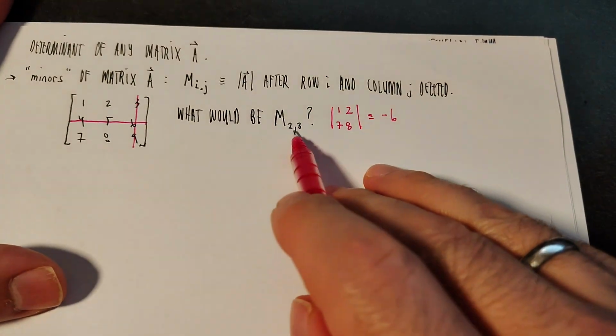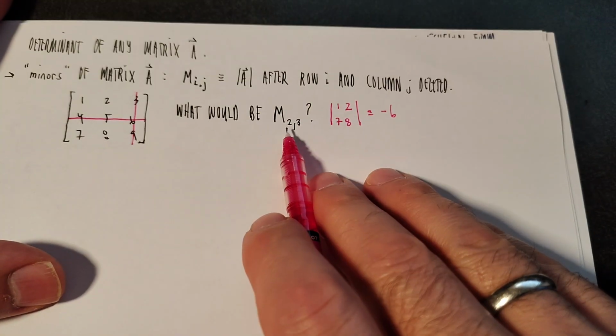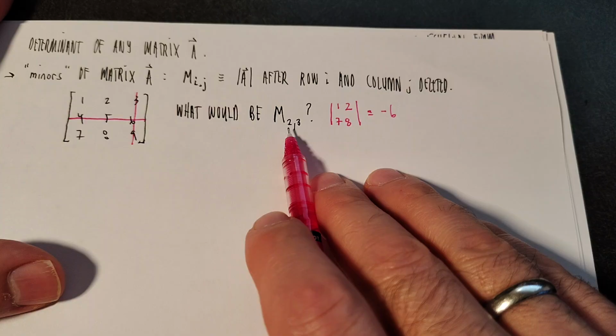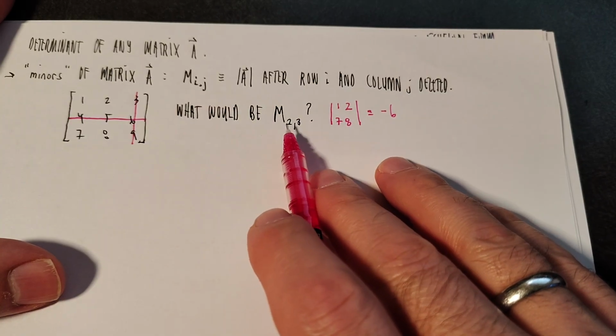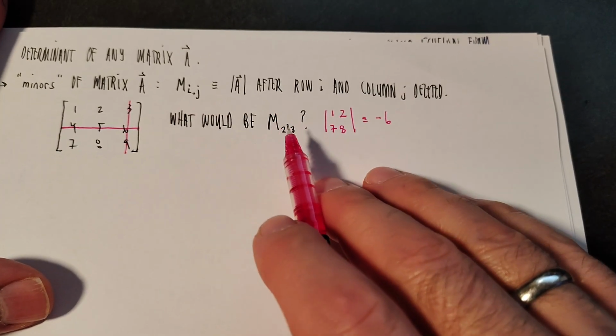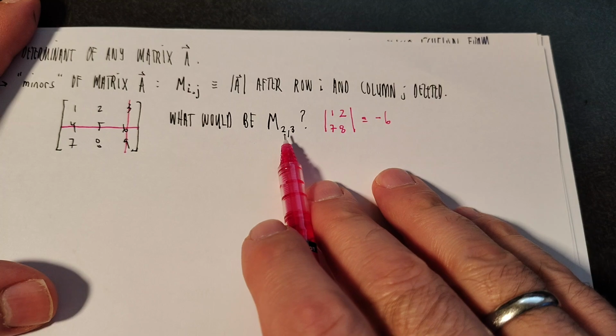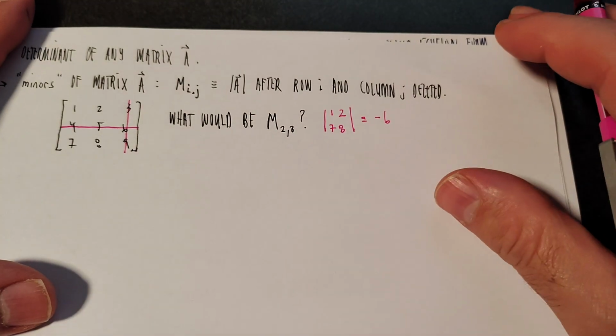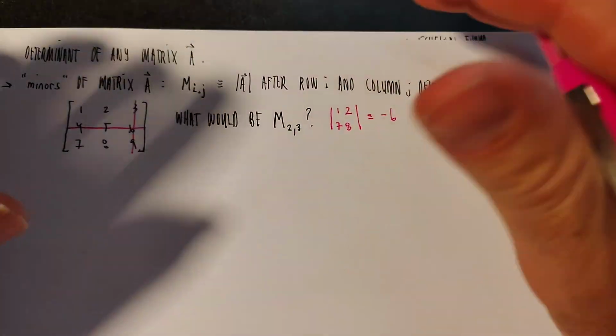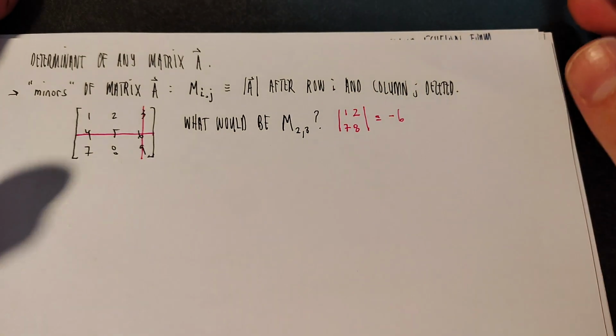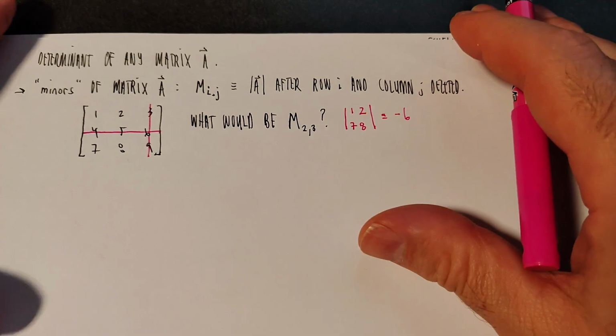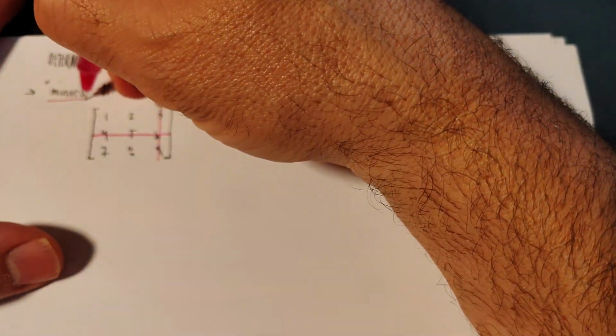So that is the answer to, sorry. Lost my train of thought. That's the answer to the minor in the 2, 3 position for matrix A. All right, so just keep that in mind. We need to apply that to any, because we need to go all the way across this matrix and do this across one of those rows. All right. So, okay, so that's our minors.